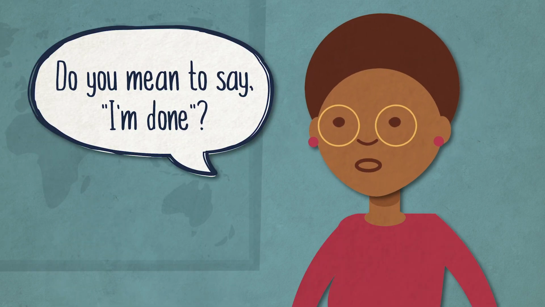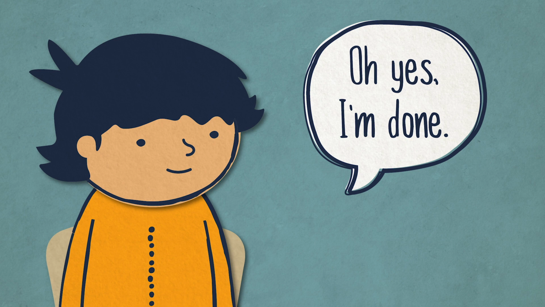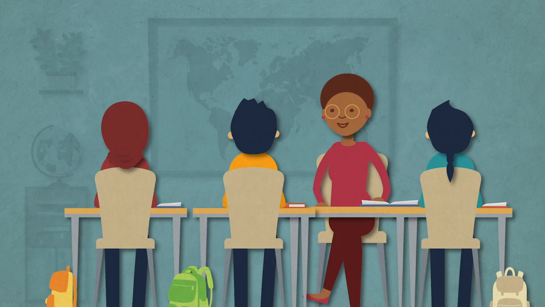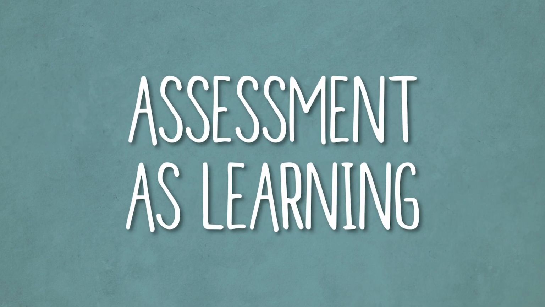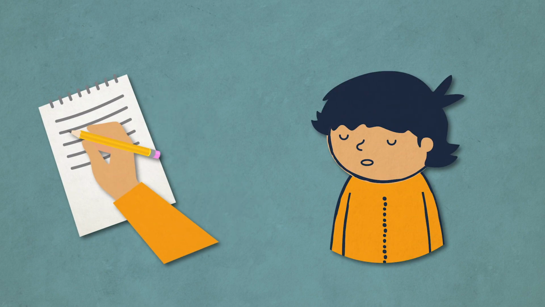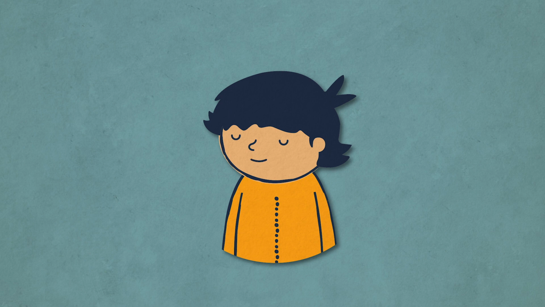This practice is formative and personalized, and when it is used thoughtfully, it encourages the learner to notice the error and self-correct. In this sense, it can also be seen as assessment as learning. Corrective feedback can be given for written and spoken production. This video will focus on oral competency.